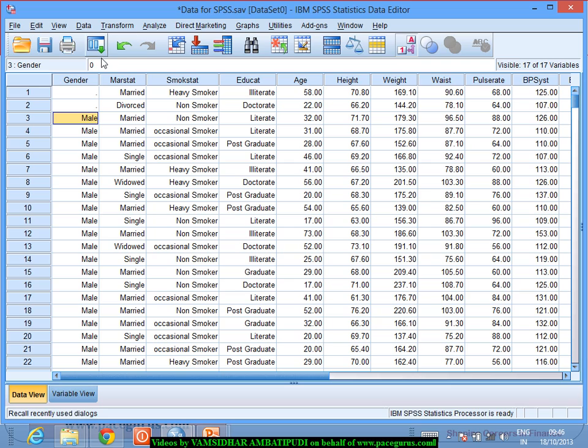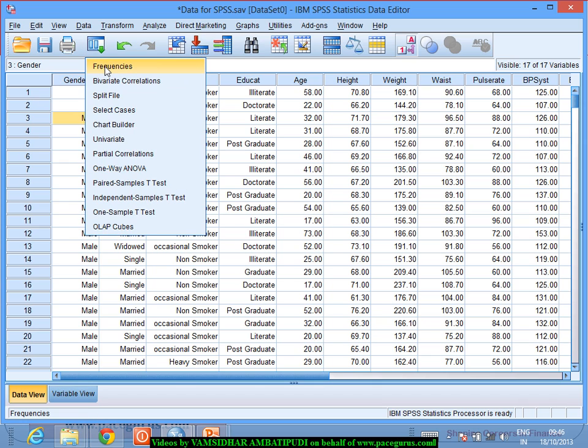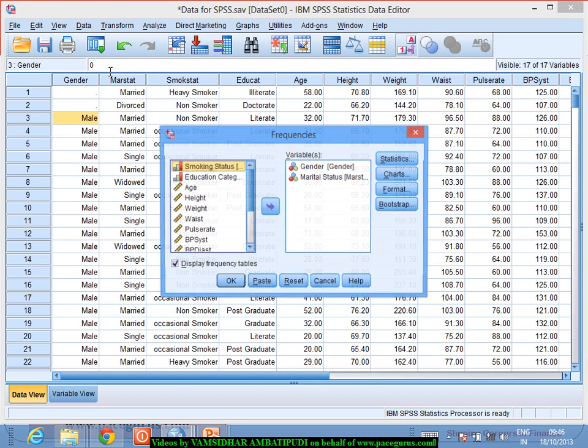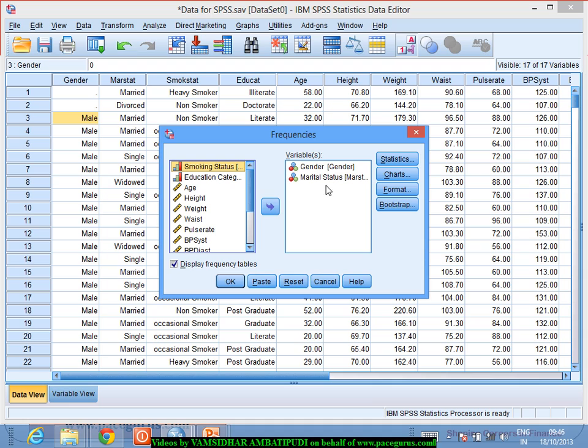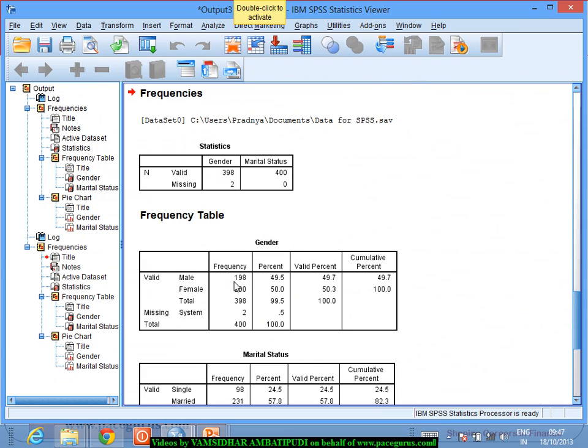Now, the rerunning of the last performed procedures can be done from this particular icon also, Recall recently used dialogues. So frequencies is the procedure which we have used very recently, and these are the two values for which we are computing the frequencies. So I can very well do that.